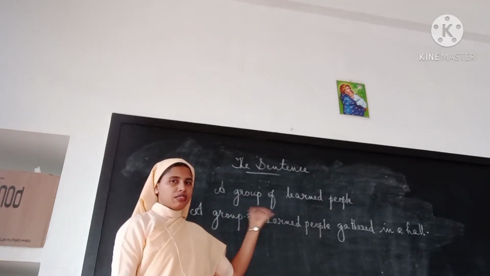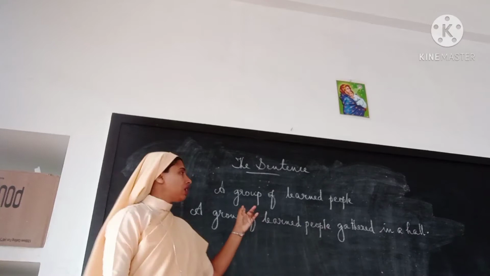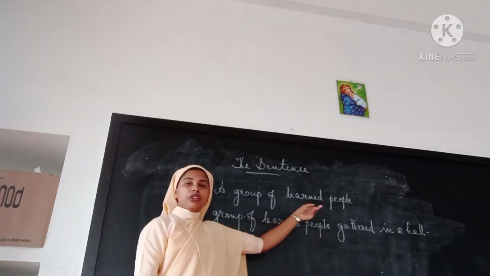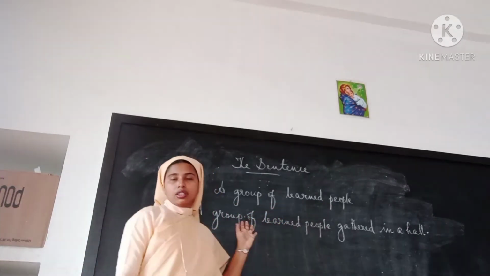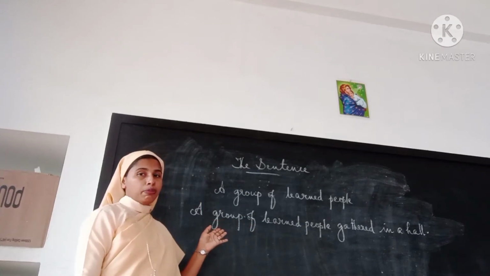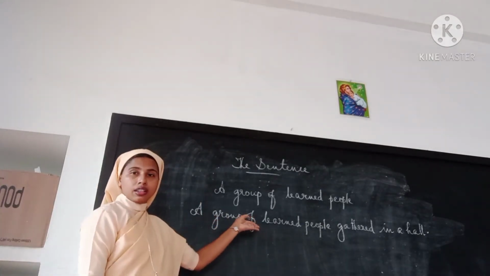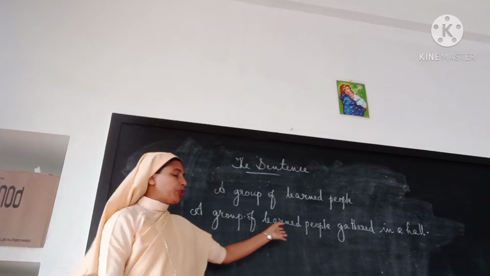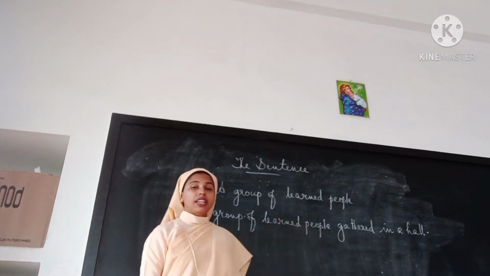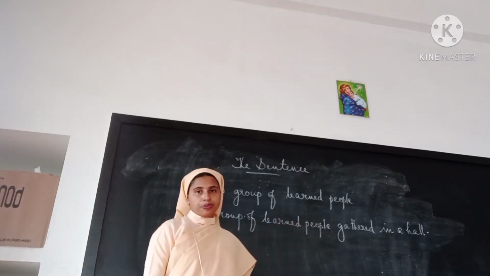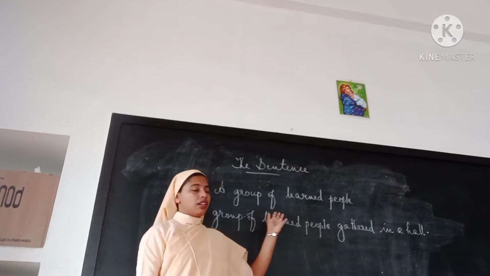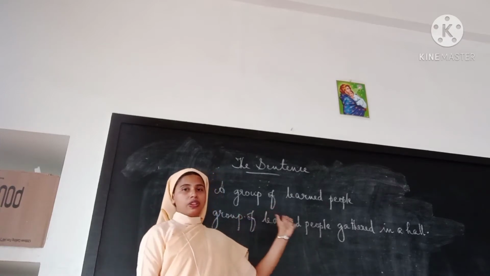You just see what I have written. The first one is a group of learned people. And the second, I have written, a group of learned people gathered in a hall. Both have groups of words.